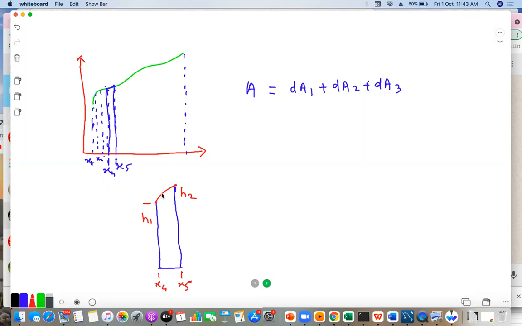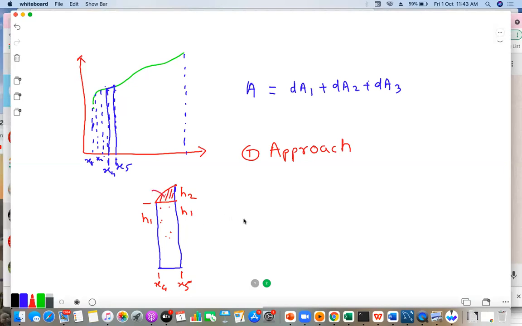Now what I can do, let us say, first approach. In the first approach, I can assume that this is also h1. So I am neglecting this area. I am just calculating this area.